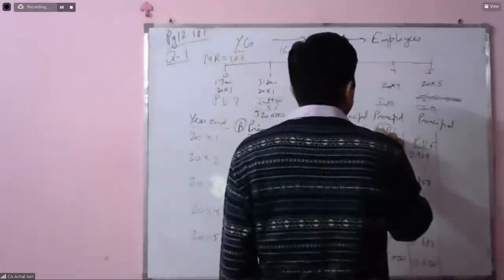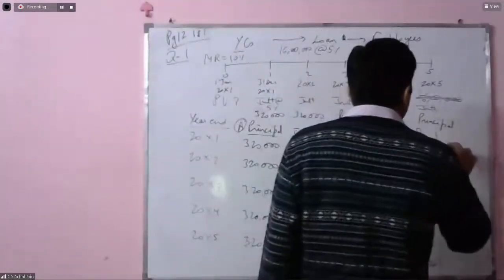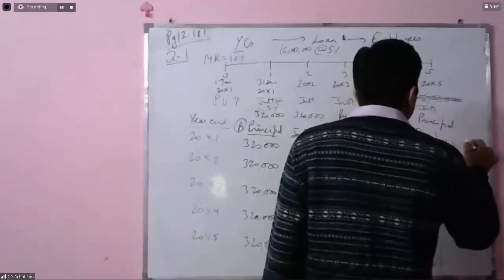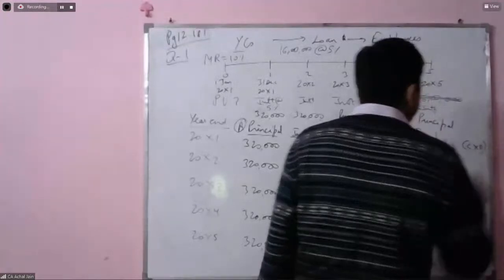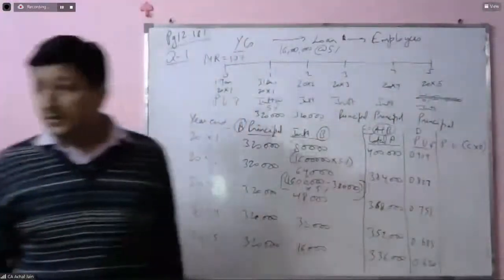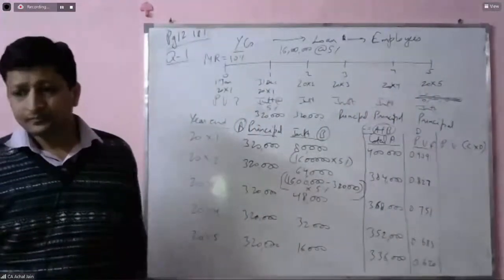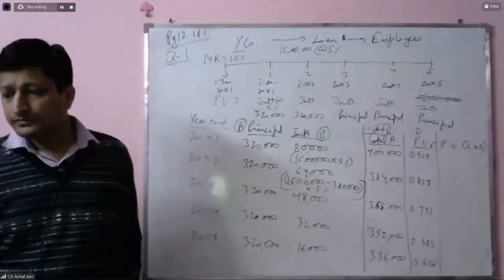So we can say C and this is D. And then what we need? We will say C into D. Then we will compute the present value. Simple to do.